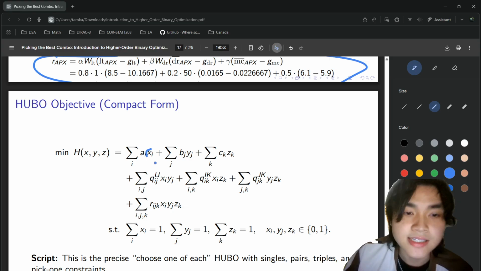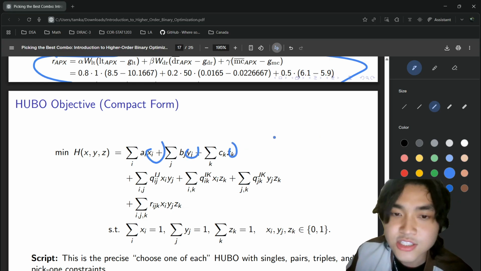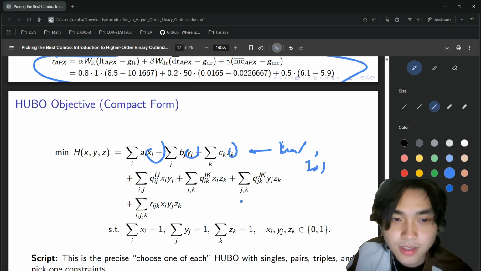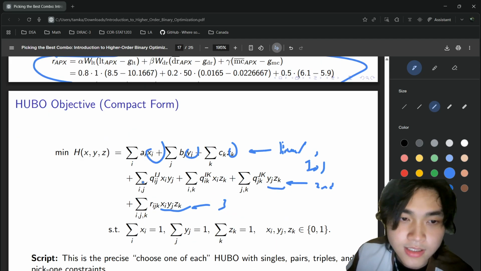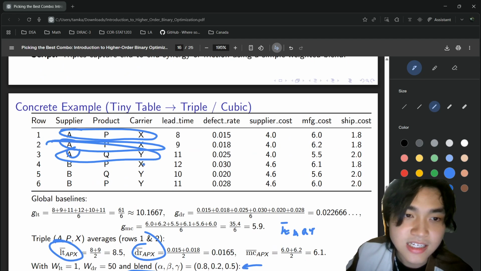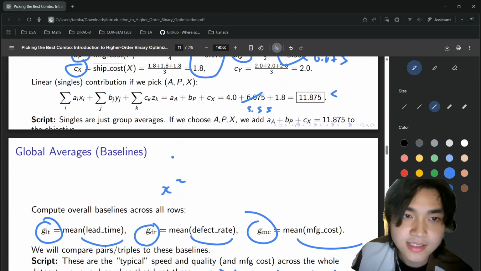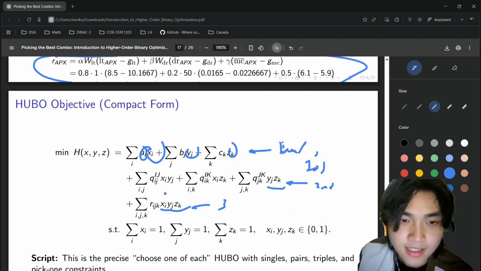So over here, as you can see, x1, y1, this is just linear form, linear programming. In this case, this is first order. Next, this is second order because there are 3 decision variables. This is third order because there are 3 decision variables. The coefficients here are decided based on what we showed earlier, which is for a single pair it's just normal averages.